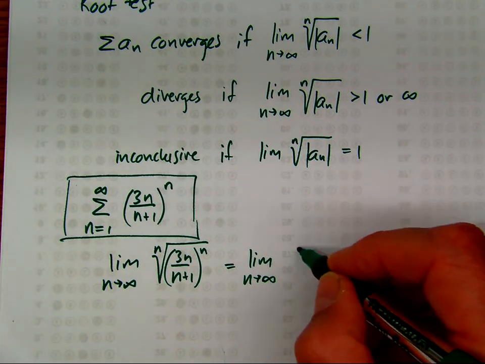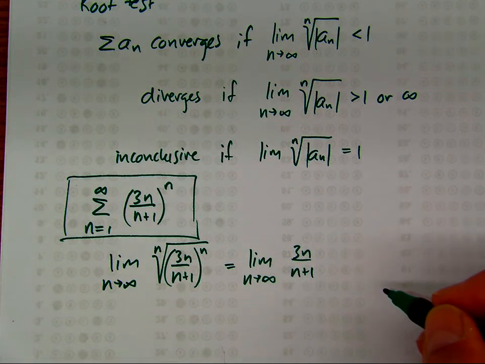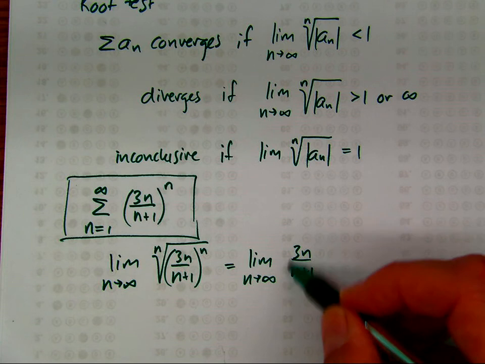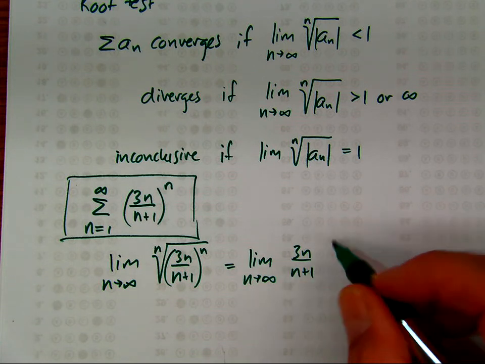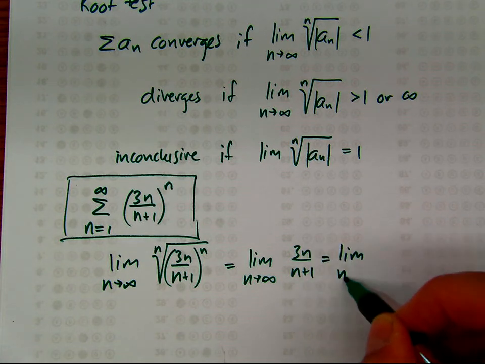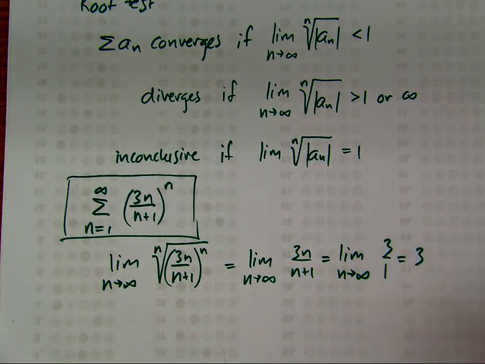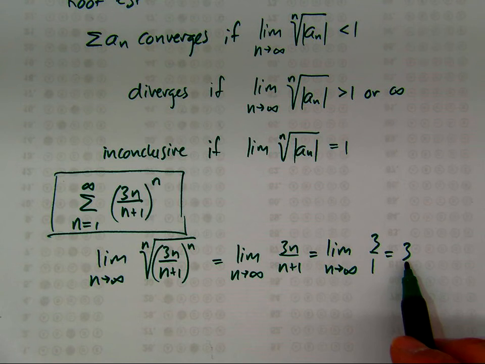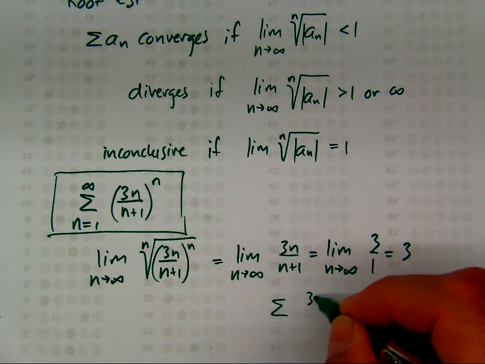And we end up with a problem similar to what we were just doing with the ratio test, where here is the ratio, and the limit in this one is going to be 3, because it's going to be infinity over infinity. We use L'Hopital's rule to get 3 over 1. So we know that the ratio is going to 3. That means that the series diverges.